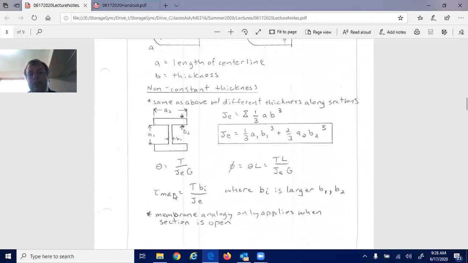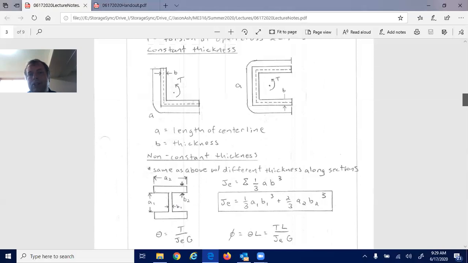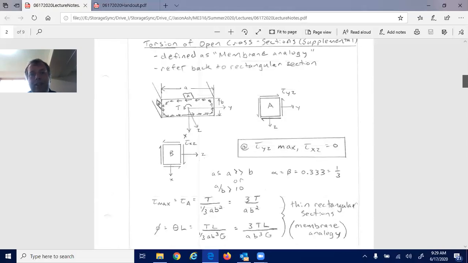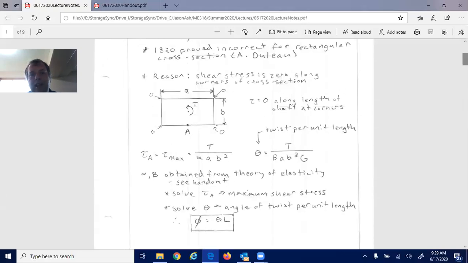For the shear stress, it becomes something where you have to look at your greater thickness, whether B1 or B2 is greater. Because if we look at that 1/3 AB cubed, our shear stress equation had a B squared term in it. And so we're putting J as AB cubed in there, and so we need to multiply by B on the top to get that back down to a B squared.